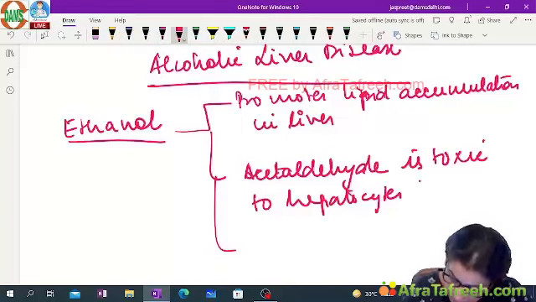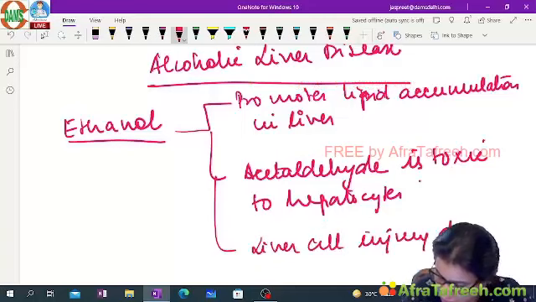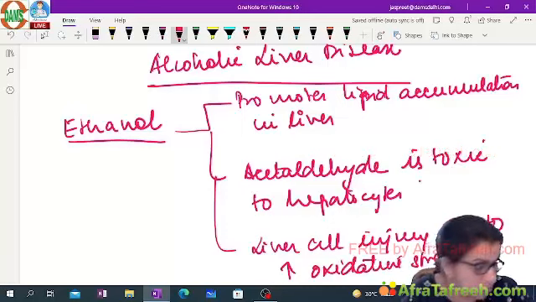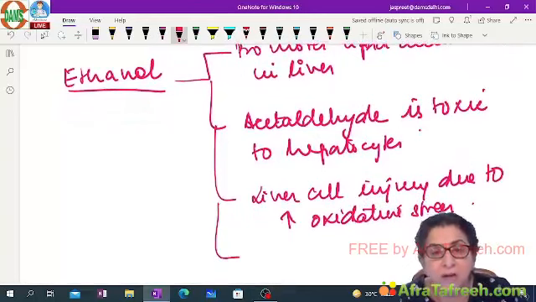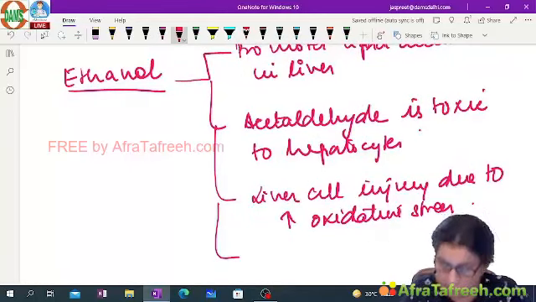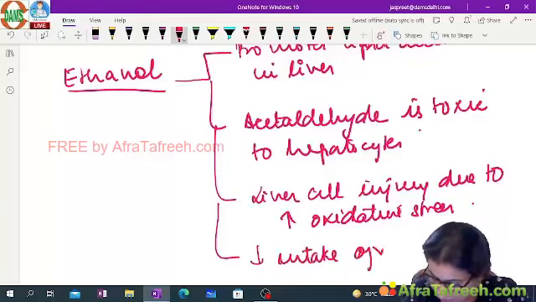So liver cell injury due to increased oxidative stress. The liver is also injured due to oxidative stress. And last, a person who consumes alcohol has a decreased intake of vitamins.